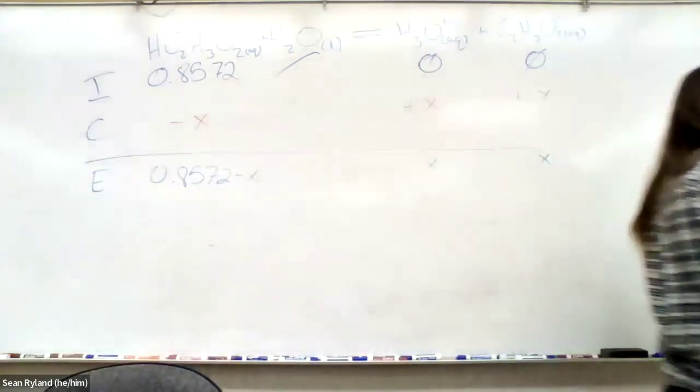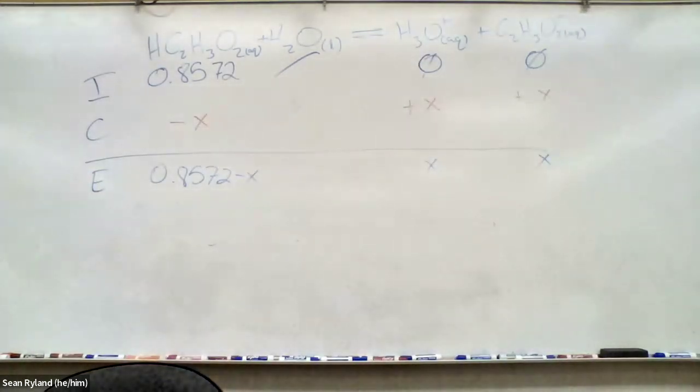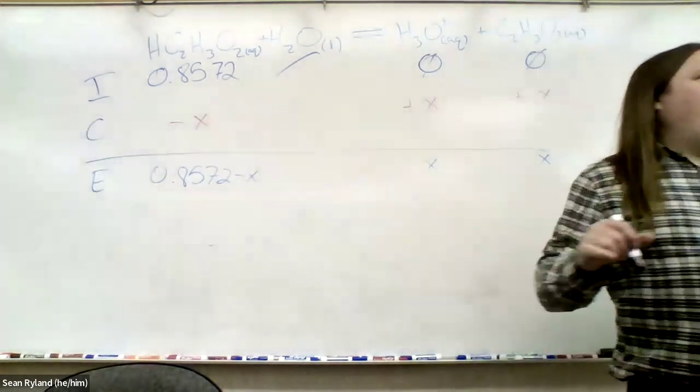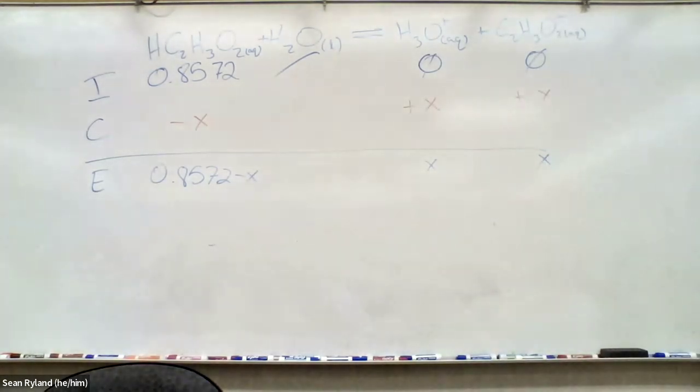So now how do we solve for X? Get it all on one side. It's always the best approach when you're solving for X to get X by itself, right? More specifically though, what's the first 2 rules of equilibrium?